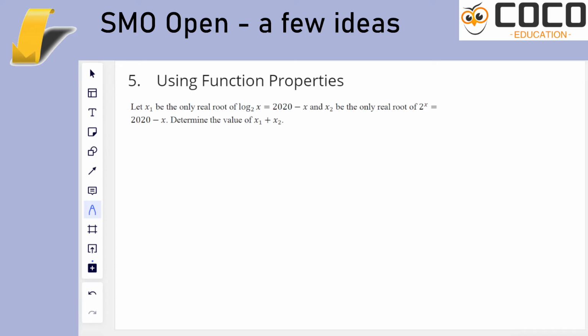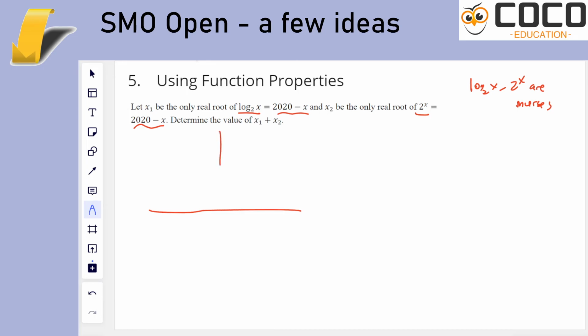And the answer is that, well, log 2x and 2 to the power of x are inverses. Of course, 2020 minus x is just repeated, so let's try to draw a graph.